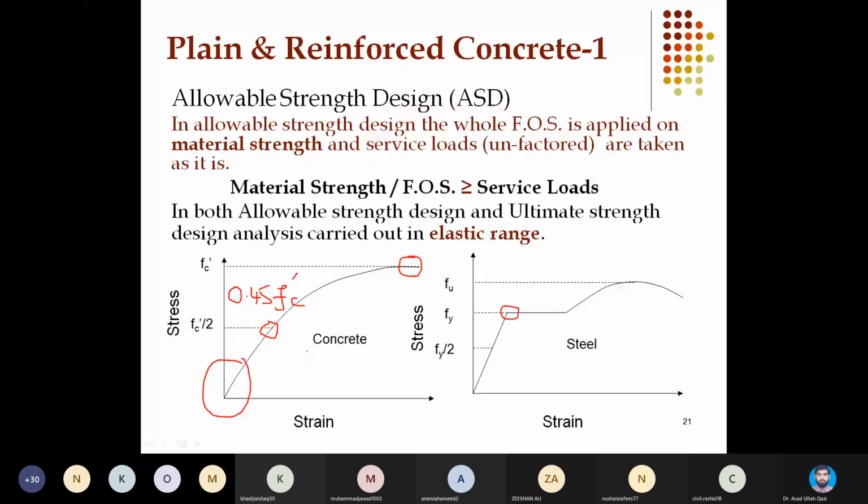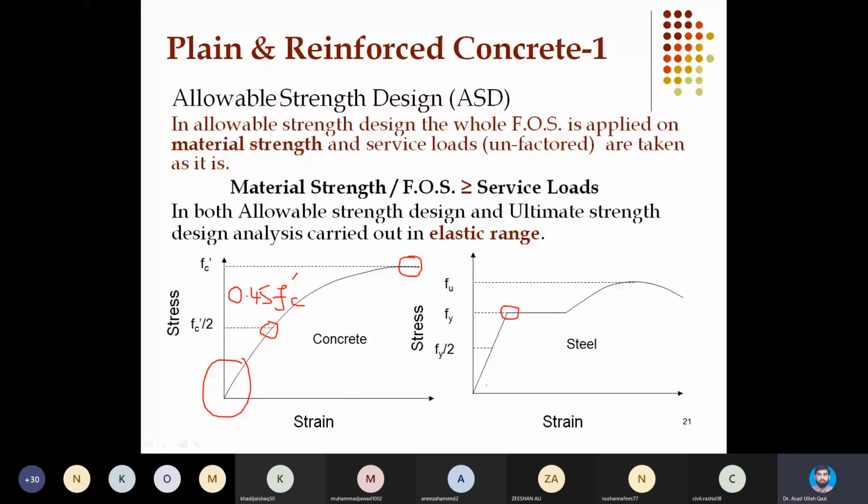And in terms of steel, since reinforced concrete is a composite material, if I am working on a plain cement concrete cross section, then it's enough that only I will talk about concrete, and I will say that applied action I will equate with the internal resistance, and that resistance will be calculated using 45% of the peak strength of concrete.